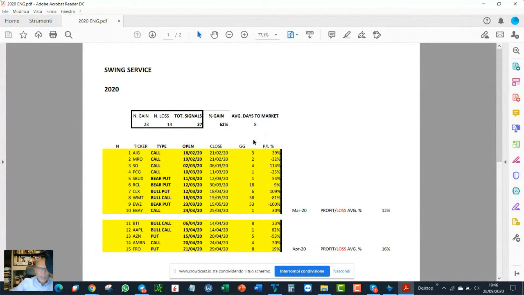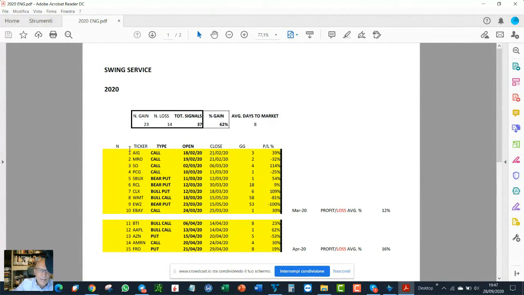So we started the service in February, in the middle of February, and so we count March as the first month for the signal service.